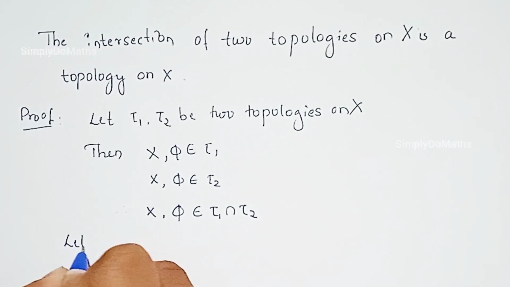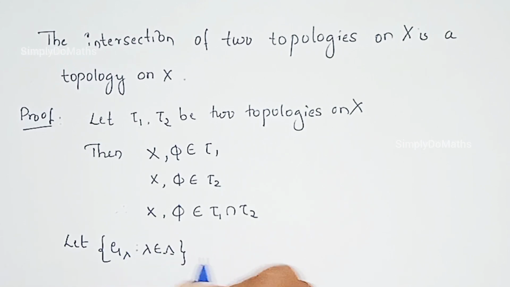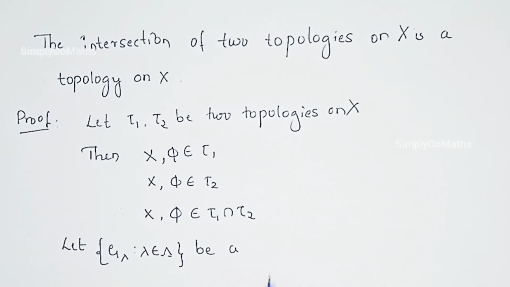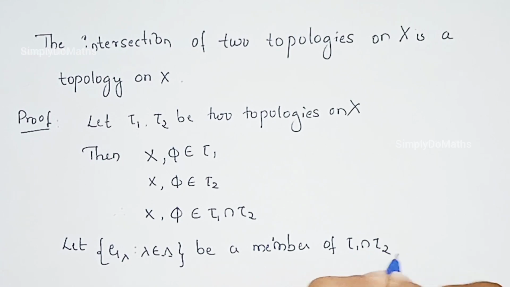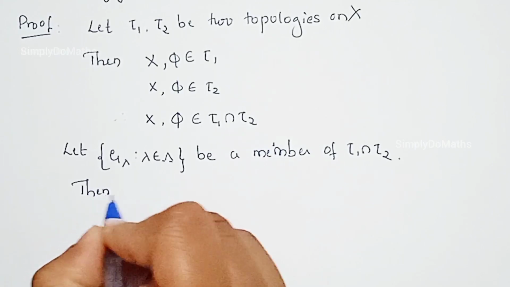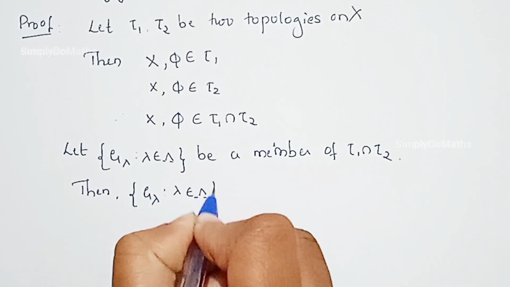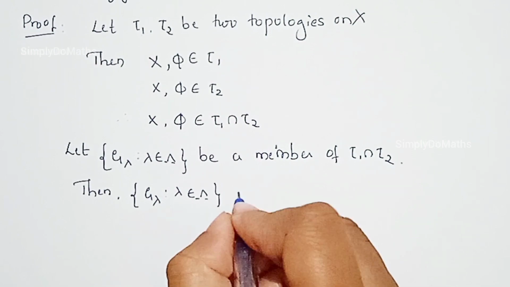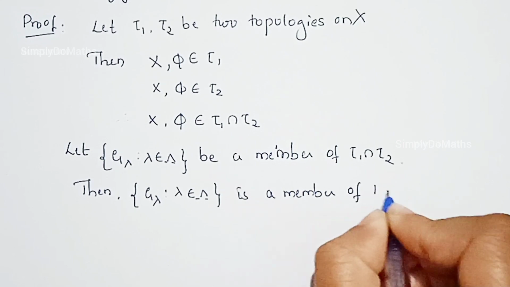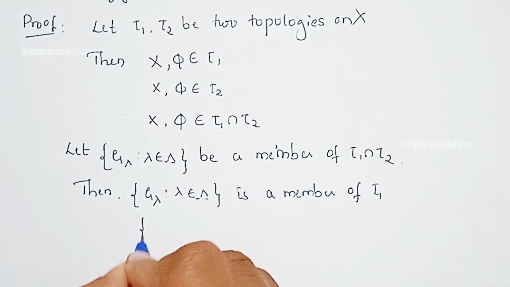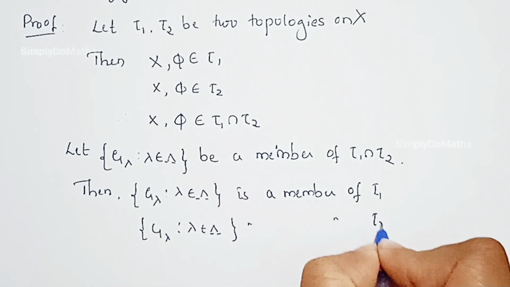Let us consider the collection G lambda, where lambda belongs to the index set, be members of tau1 intersection tau2. Then G lambda, provided lambda belongs to the index set, is a member of tau1, and G lambda is a member of tau2.